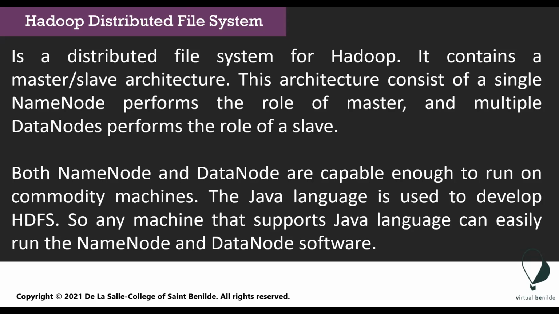Both name node and data node are capable enough to run on commodity machines. The Java language is used to develop the Hadoop Distributed File System. Okay, so we're going to use the Java language.